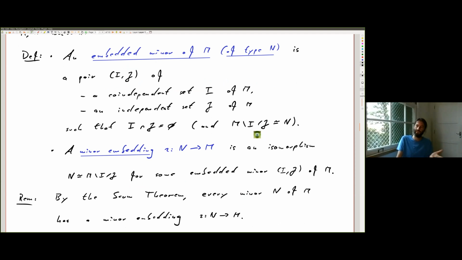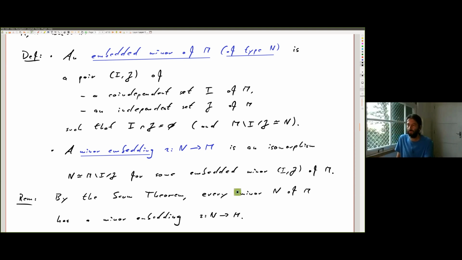Normally we can take any disjoint subsets I and J, but then the Scum theorem allows us to shift elements between I and J so that, without changing the isomorphism type of the minor, I becomes co-independent and J independent. So we're not losing the picture of minors by taking this more specific definition.